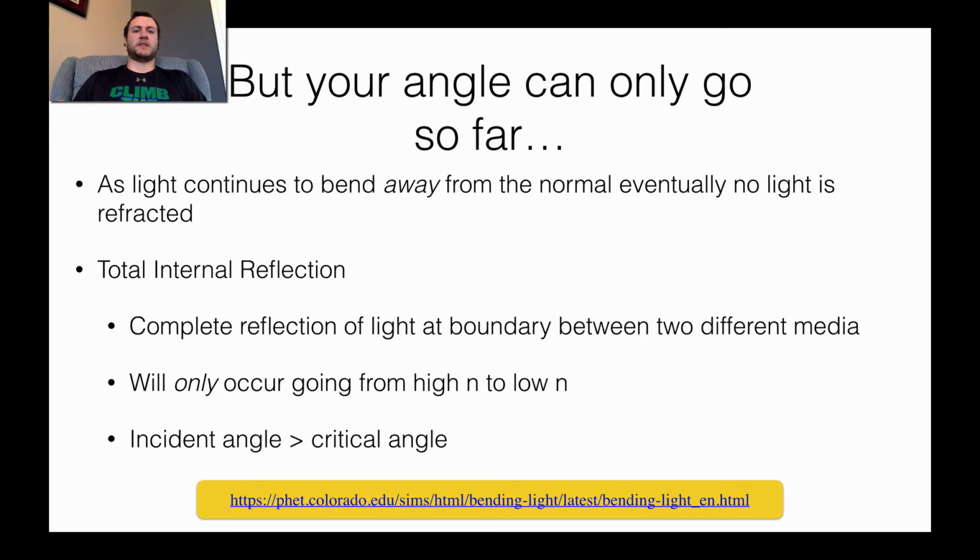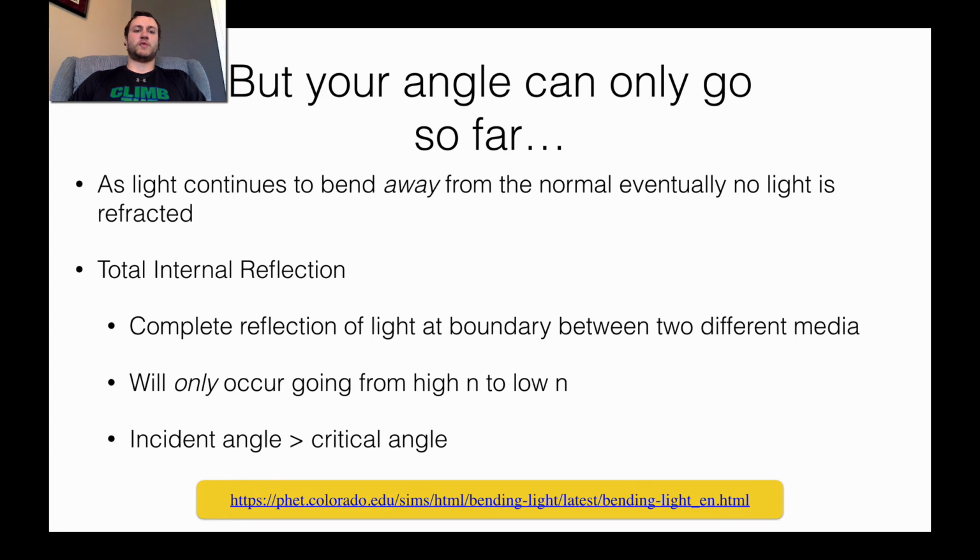Now, what ends up happening is that your light can only bend away so far. If you think back to those diagrams earlier in the presentation, as it bends towards the normal, it's eventually going to get to the normal, and then it's going to stop. So you're still going to see that light, but it's going to bend as much as it can. Well, when light gets faster and bends away from the normal, eventually it can't bend away anymore because it reaches the surface interface between the two mediums.